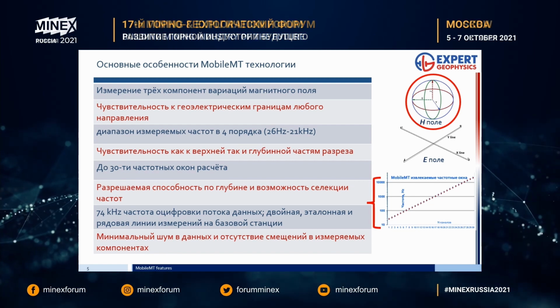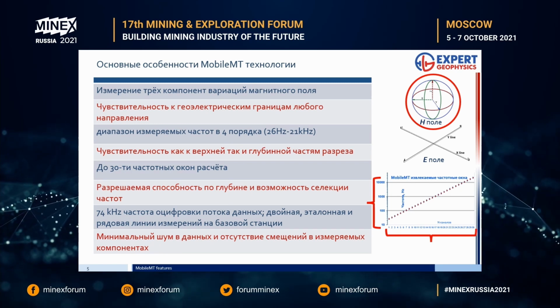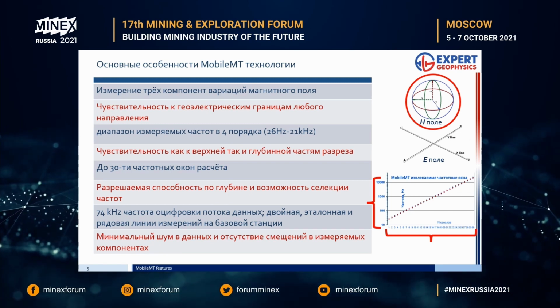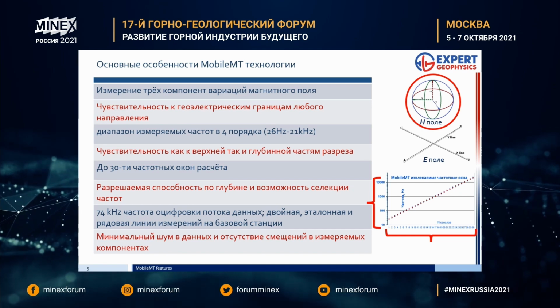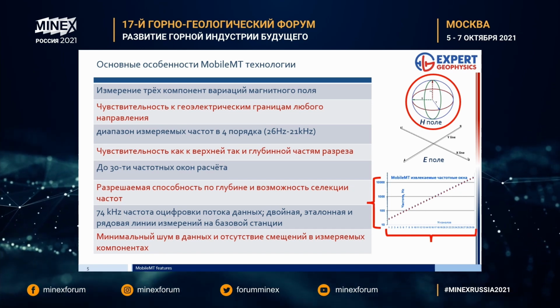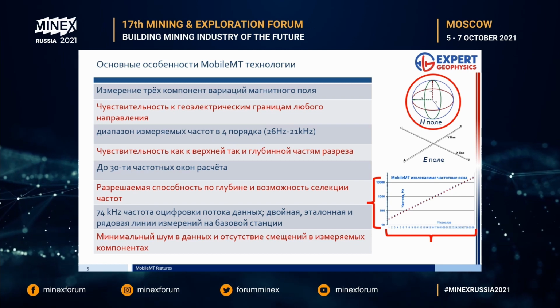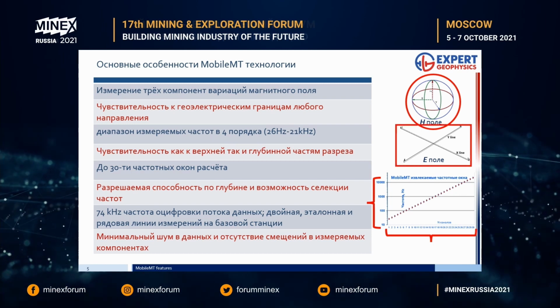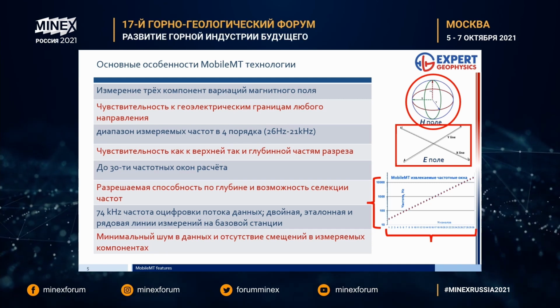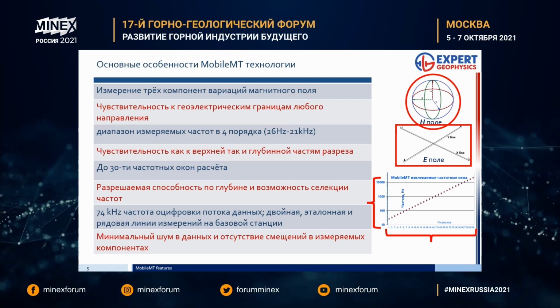And this frequency is split up into 3 windows, which defines very high resolution at depth and a high frequency of digitalization, with electric components on the base stations. They reduce the noise of interference.